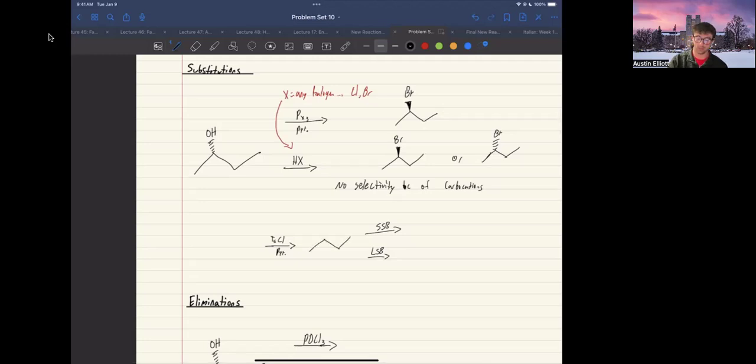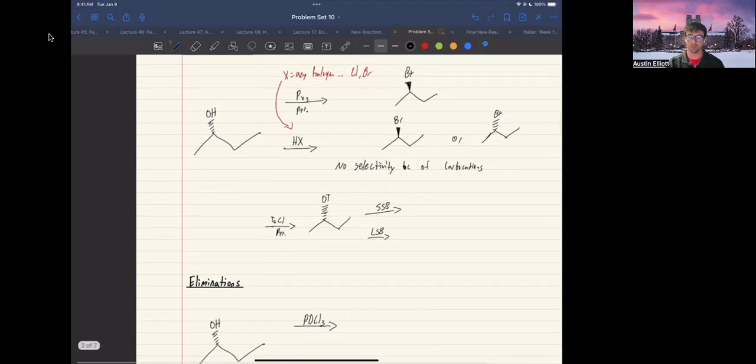So you can just add the group like this, and almost always there will be a reaction following it, either an elimination or a substitution. You won't have to worry about writing this intermediate step most of the time, but just know that it keeps the stereochem, makes a good leaving group, and then we can do substitutions or eliminations.